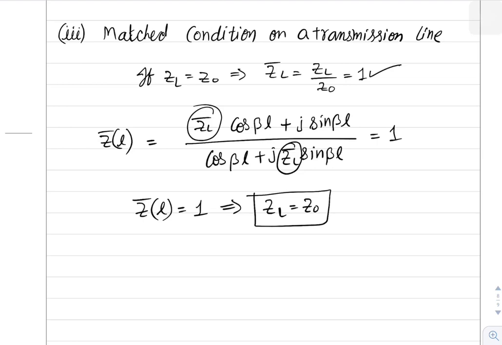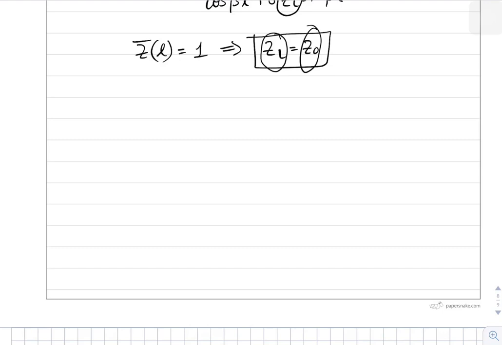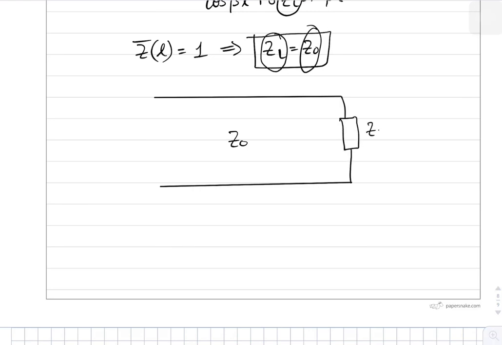Let us suppose the value of load is equal to the characteristic impedance of the transmission line, then the diagram will be like this. So this is the characteristic impedance ZO, and the load impedance that I am going to connect here is ZL equal to ZO.